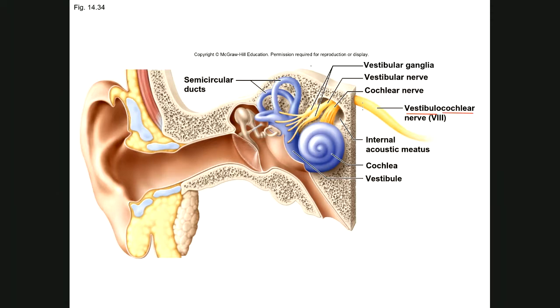Balance is vestibular, correct, and cochlear is the part that gives your sense of hearing. So there are 2 functions here to the inner ear, which are innervated by the vestibulocochlear nerve. Vestibular branch for the sense of balance, and the cochlear nerve for the sense of hearing. Yes, equilibrium is the same as balance.